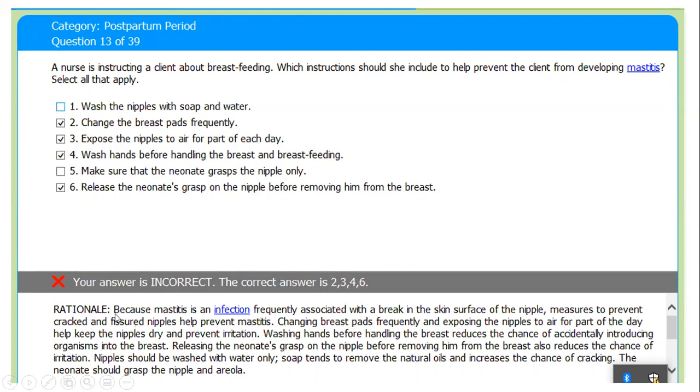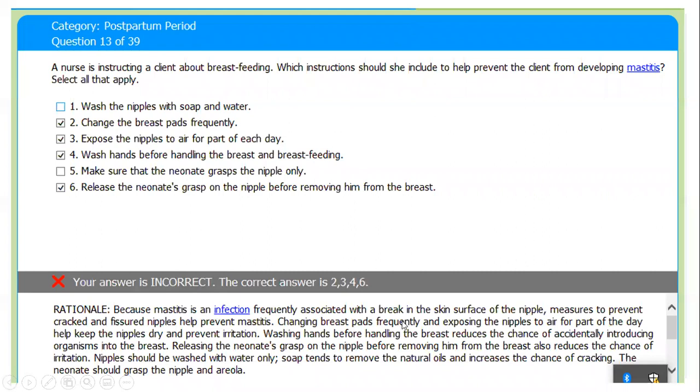The rationale: mastitis is an infection frequently associated with breaks in the skin surface of the nipple. Measures to prevent cracked or fissured nipples help prevent mastitis.